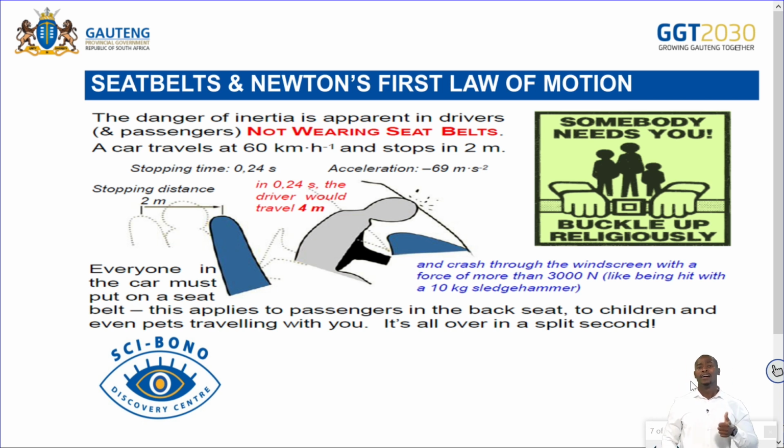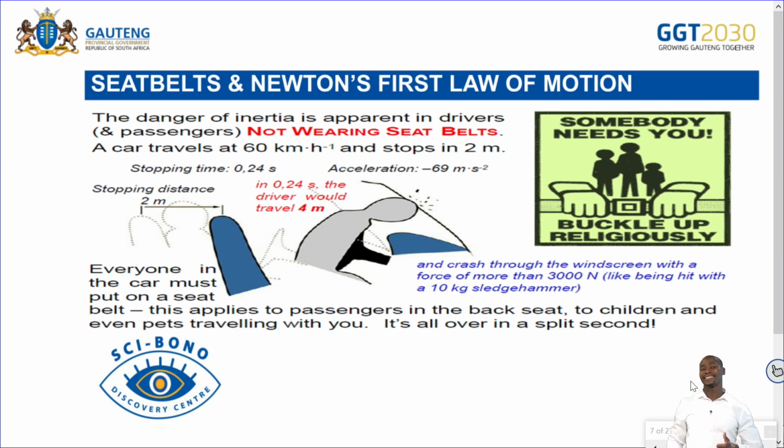So now, when it comes to cars, for example, let's say you are not wearing a seat belt. So if you are not wearing a seat belt, for example, a car is moving at a velocity of 100 kilometers per hour. You inside that car as a driver or a passenger are also moving at that speed, all right?